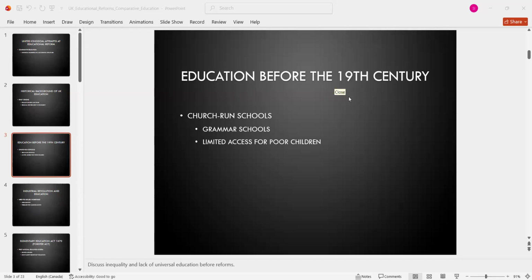In the 19th century, there were church-run schools. These grammar schools are popular even now. Most Sri Lankans highly motivate their students to enter the grammar school. They have a scholarship-like exam for selecting students for grammar schools in England.